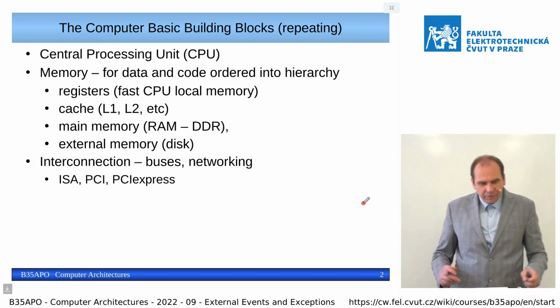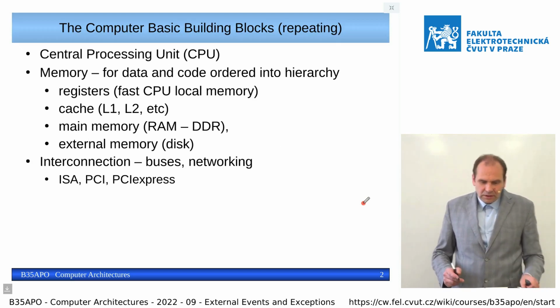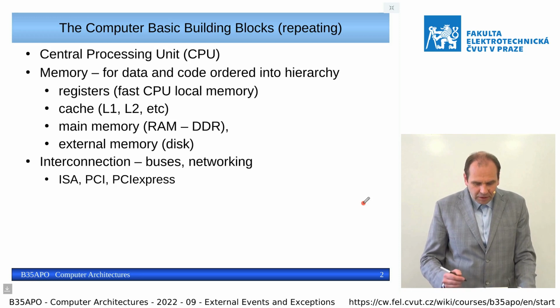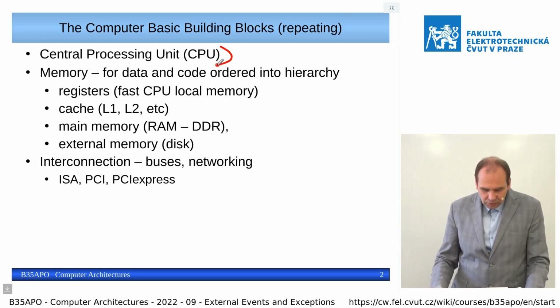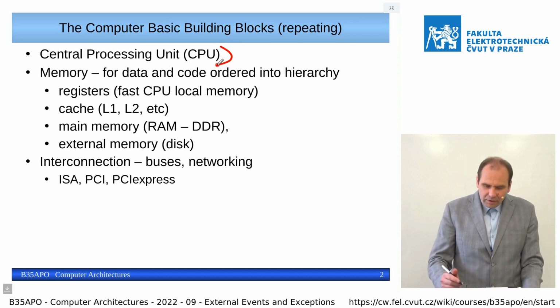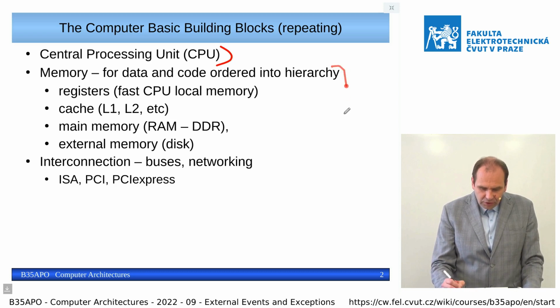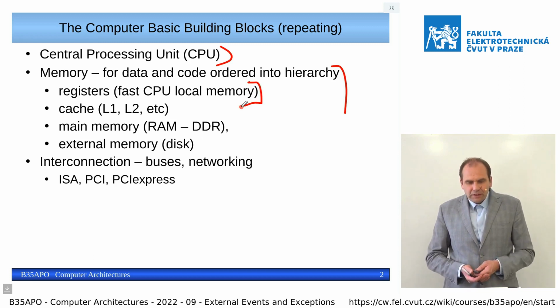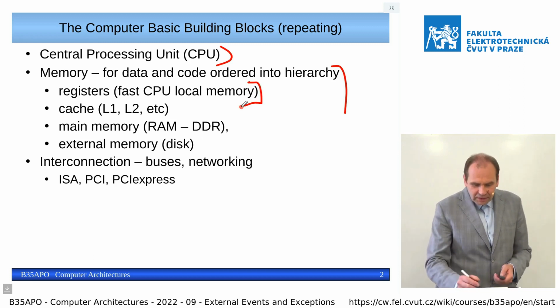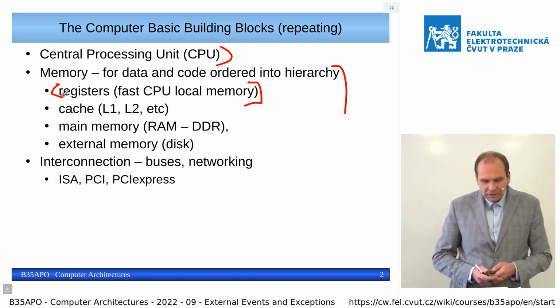So we have already seen what the building blocks of the computer are. We have some central processing unit. It manipulates the data, and data are stored in the memory. The fastest possible storage for the data is directly inside the processor in the register file.